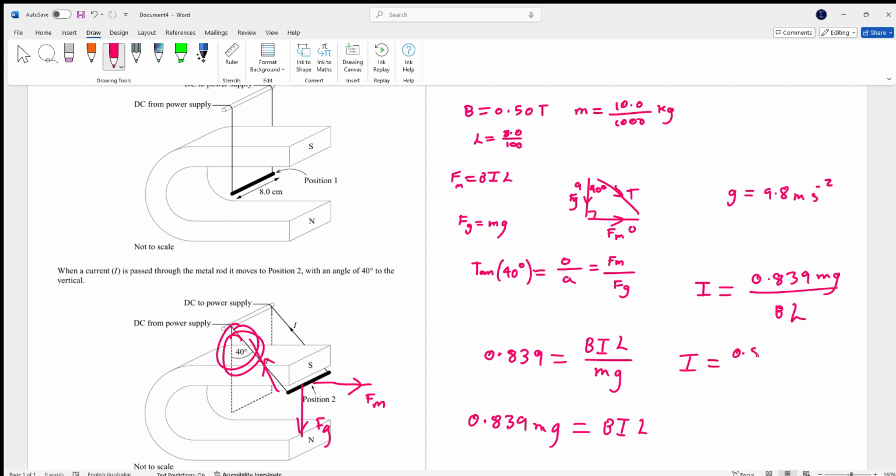Now you can chuck that into your calculator. So 0.839 times the mass, which is 10 over 1,000, times 9.8, over the magnetic field strength, which is 0.5 Tesla, times the length, which is 8 over 100. Let me just do that now.